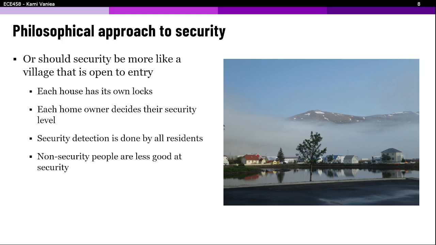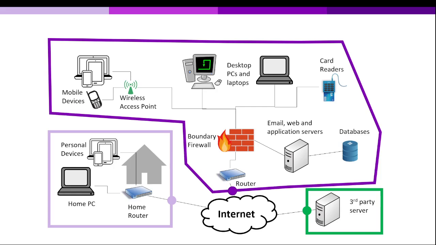I have relatives that don't seem to believe that locks need to be locked. I mean, everybody's a bit different. But the idea in this model is that each thing is protecting itself. This is sort of better because now we don't assume that everything is safe. But it is also worse because we have now put people in charge of security that are no good at security, because they just don't have this skill. And so these are two different models of how to approach it. They both have weaknesses and strengths, and you'll see this play out.